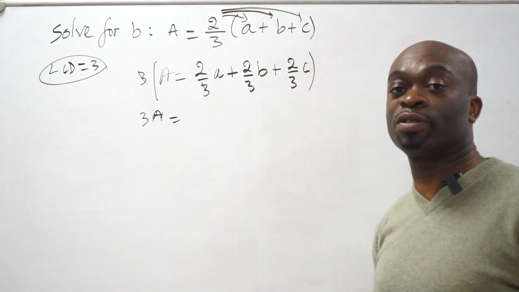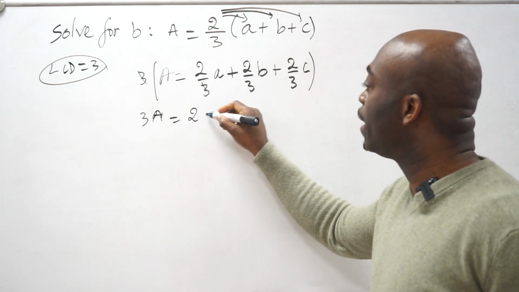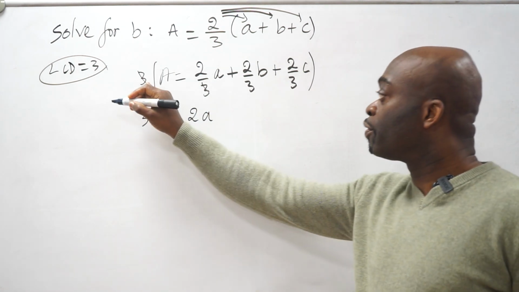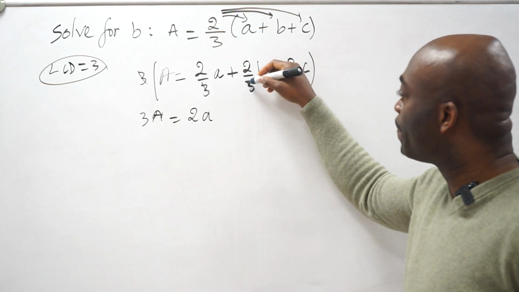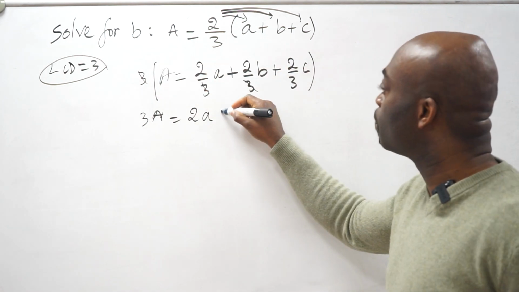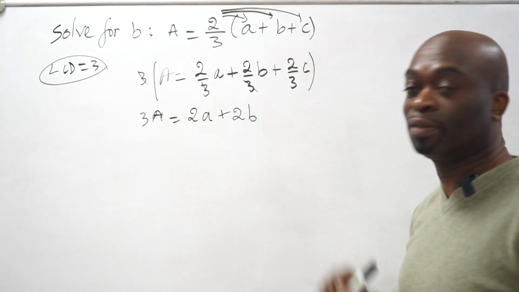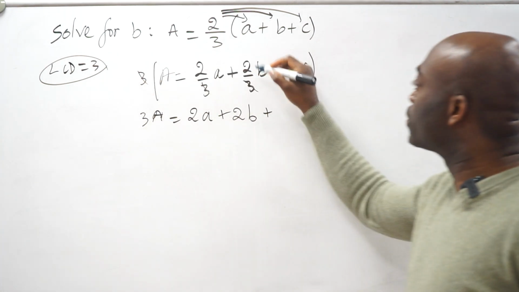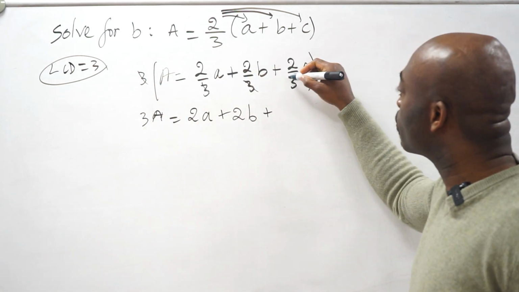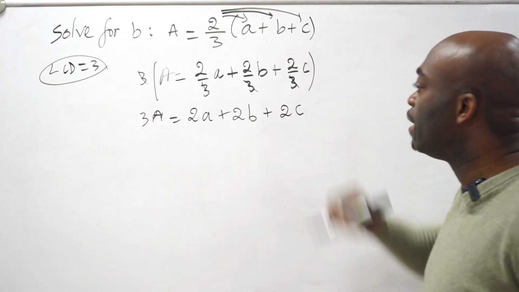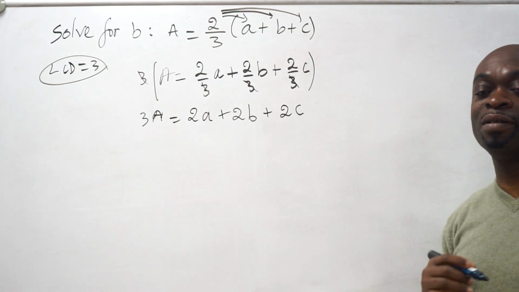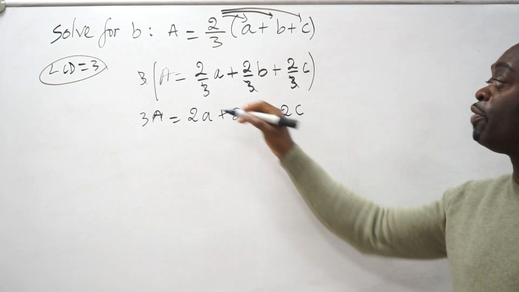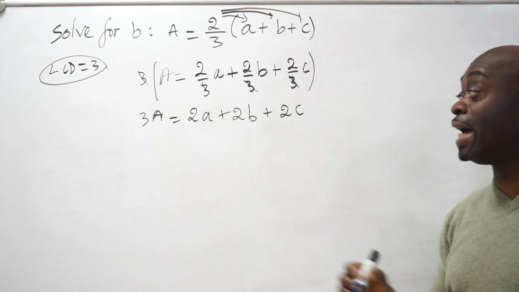So you can cross cancel those two, and then what's left? 2a left. 3 times 2/3 b, the same thing is going to happen. 3 crossed out, you have plus 2b left. And then plus 3 times 2/3 c, the same thing, 3 crossed out, you only have 2c left. You see how we just made it look a lot easier? So now we don't have the fraction anymore, we don't have the denominator.